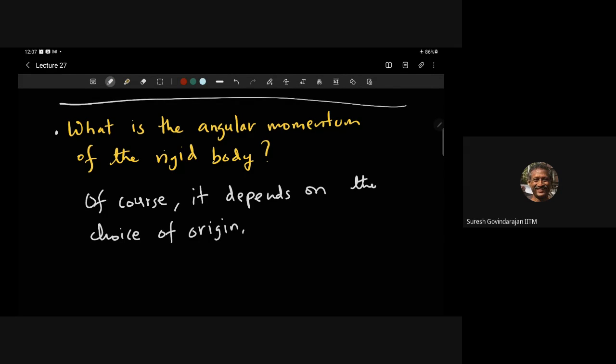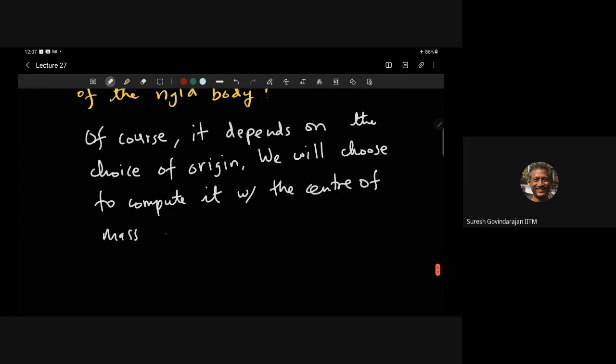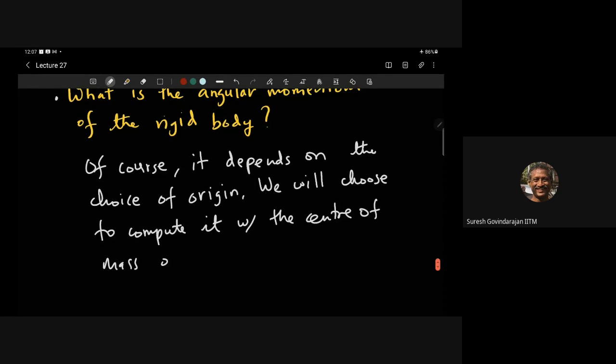And what we will do is choose to compute it with the center of mass as origin, basically in the body frame.